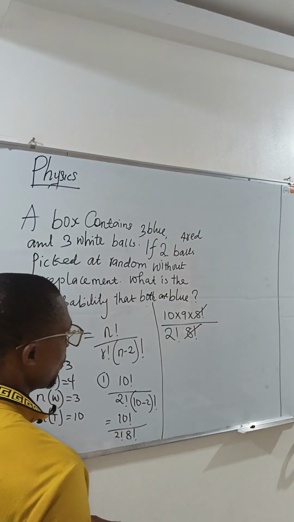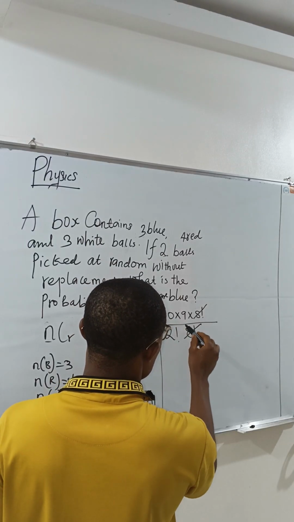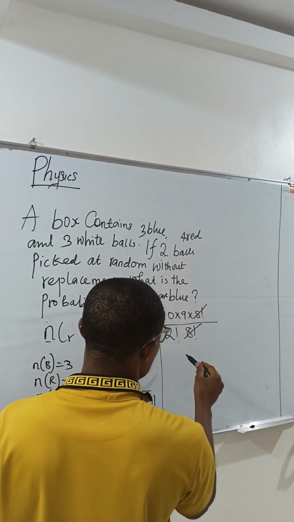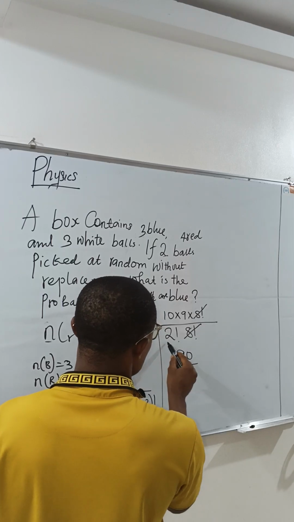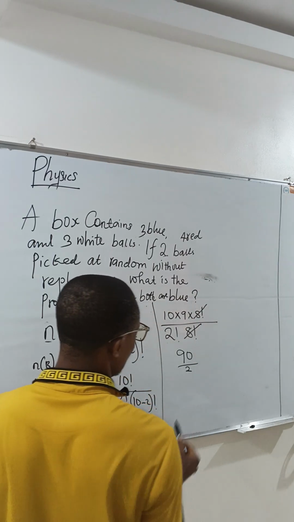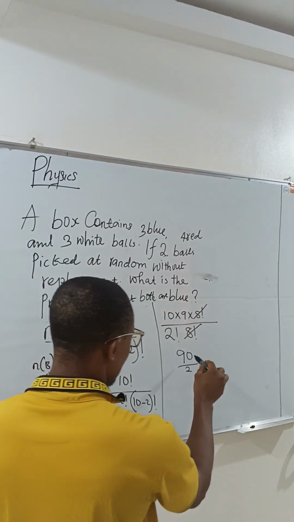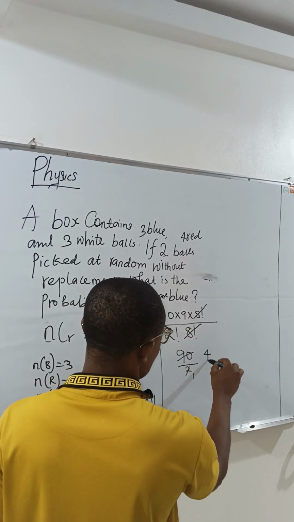Is that clear? So I am left with 10 times 9, which is 90, over 2 factorial, which simply means 2 times 1, so this is over 2. You get it? So now I have 45.